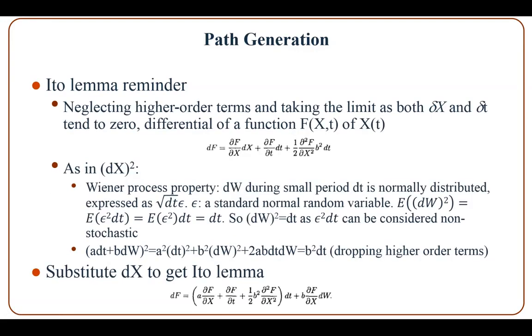Neglecting the higher order terms and taking the limit as both delta x and delta t tend to 0, the differential of a function f of x, t can be given. And then replacing the x, we get Ito lemma.